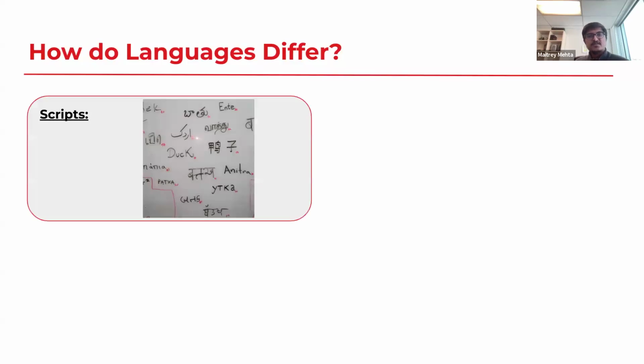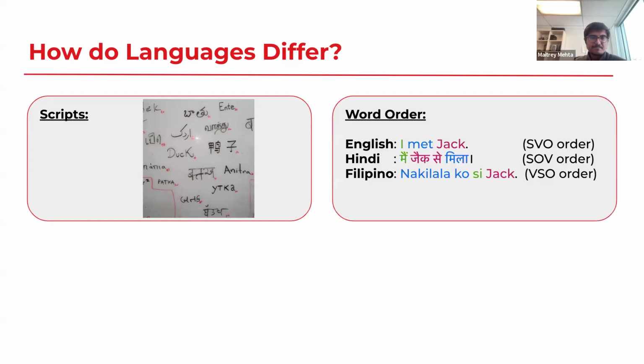So first is the difference in script, right? Not all languages follow the Latin script. This is a picture that I took from a whiteboard in our lab, and you can see so many different scripts that are present in there. So the orthographical differences are rampant.